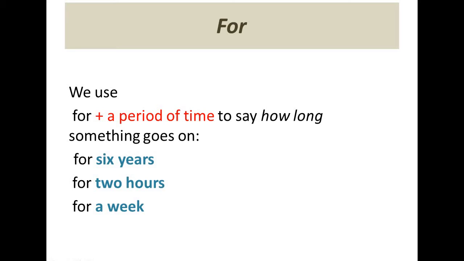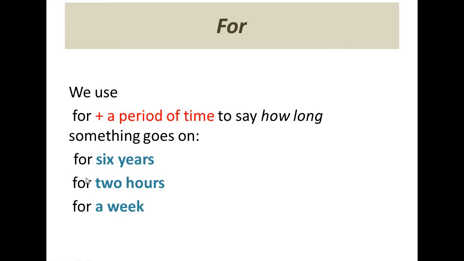So here we have for, the preposition, plus a period of time, which is 6 years. For 2 hours. So here 2 hours indicates a period of time. For a week: for plus a period of time, a week, to say how long something goes on.